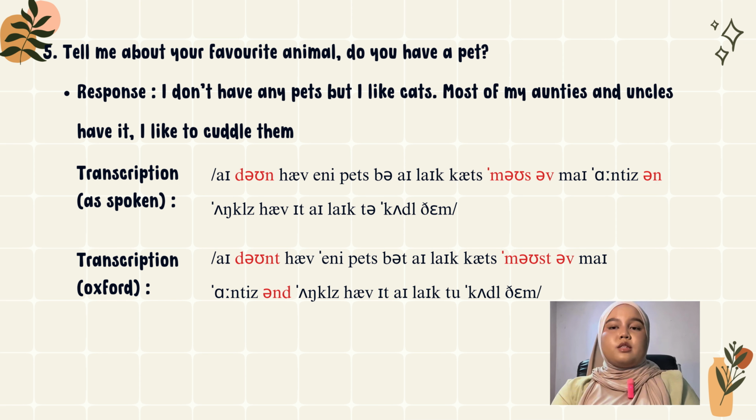The next one is "most of." In "most of my aunties," the speaker makes it sound more natural, so it became reduced. And lastly, again with the word "and," the th sound is omitted.